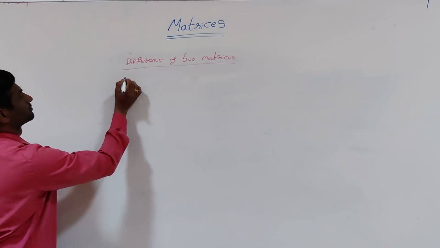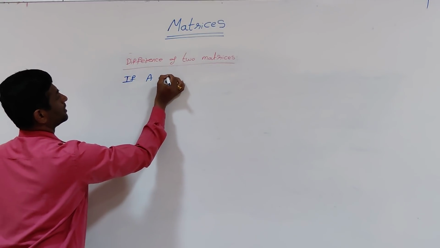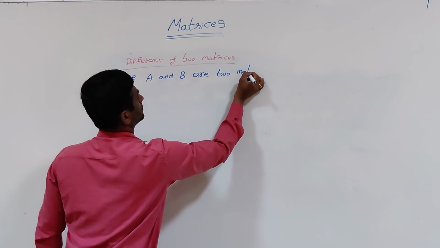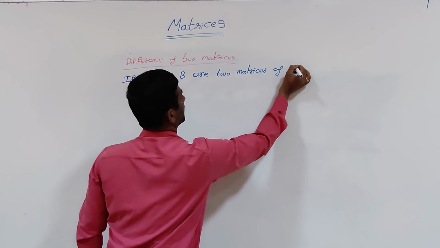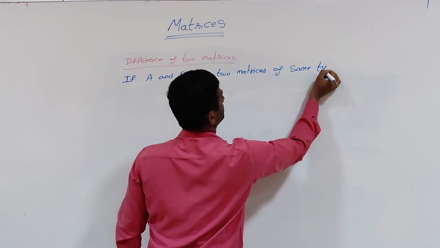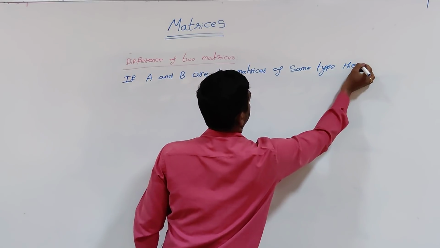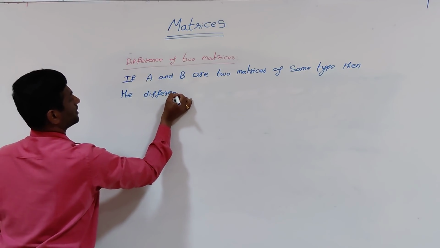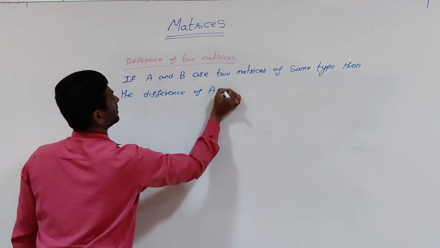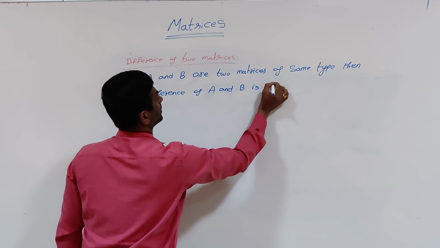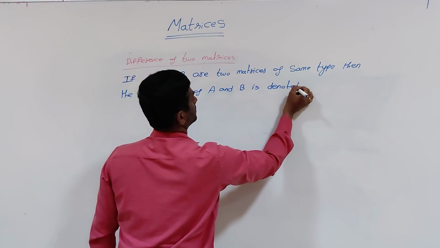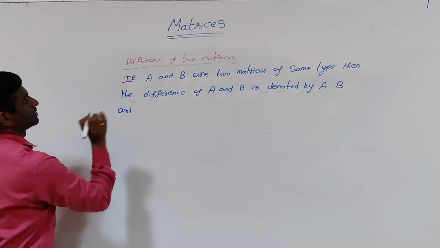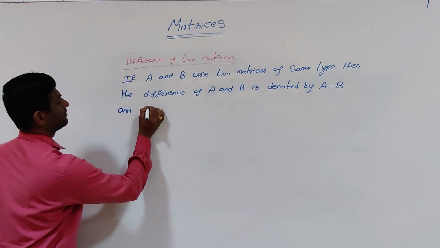If A and B are two matrices of the same type, then the difference of A and B is denoted by A minus B and defined by the difference of corresponding elements of A and B.